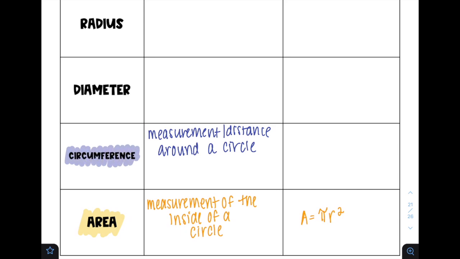The way you calculate circumference is you're going to use C for circumference equals pi times diameter, or C equals 2 times radius times pi. You can use either formula in order to find your circumference.